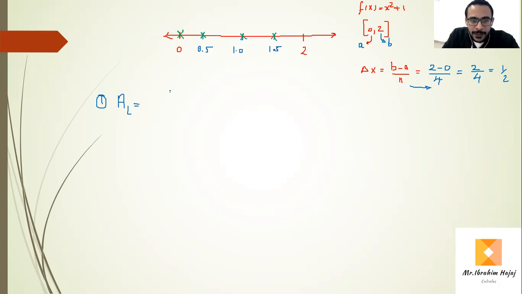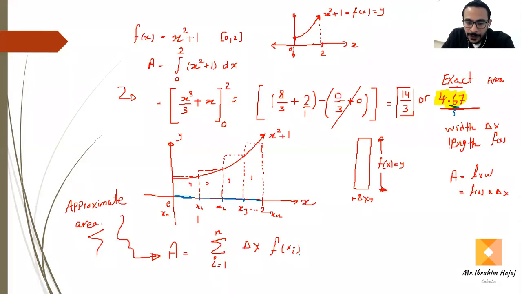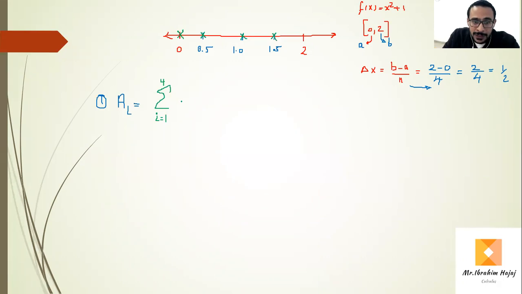So as you know now, guys, your area is going to be the summation, sigma i equals 1 to 4. n now is 4, meaning the number of subintervals, the number of rectangles you have, is 4. And we said that here it's delta x times f of xi, right? So delta x, what is delta x?